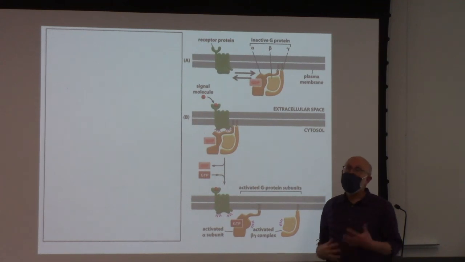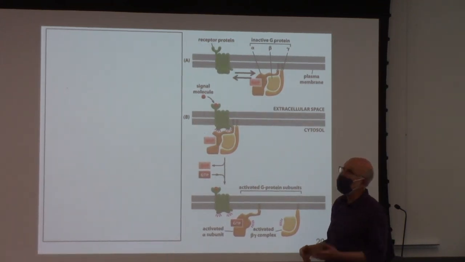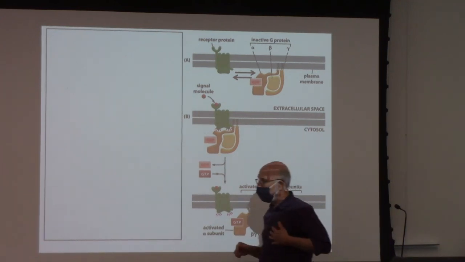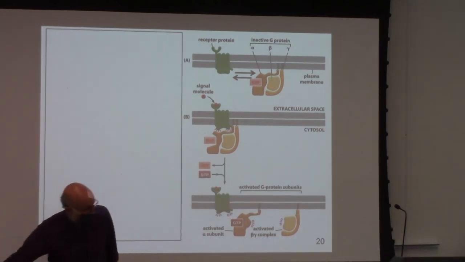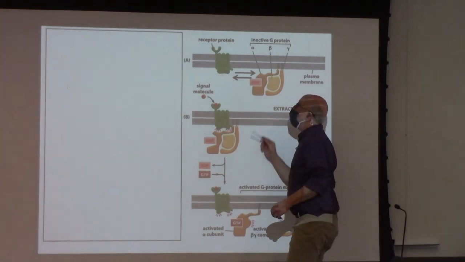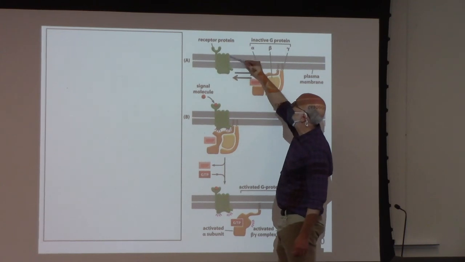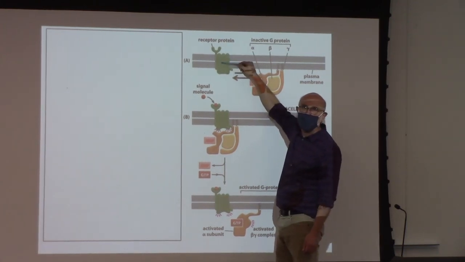Here is a cartoon that I don't hate from your cell phys textbook. I like it better because it shows the receptor. What do I like about this? It shows the receptor. Why is it showing it as this snake in the membrane?